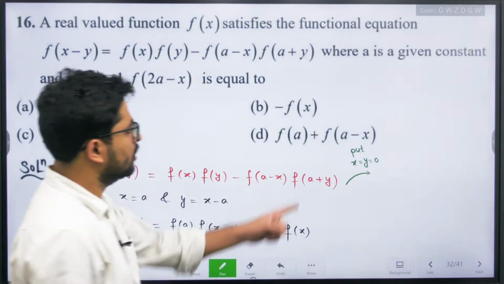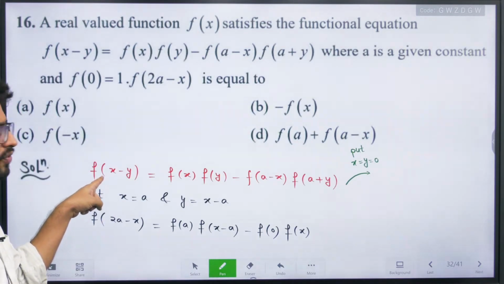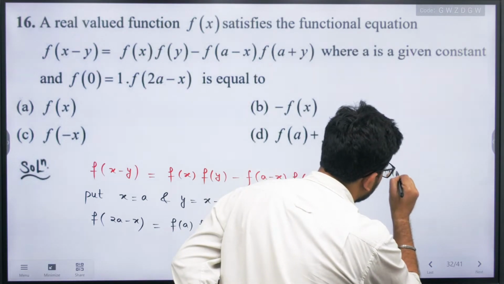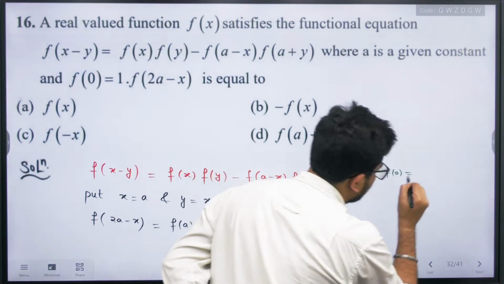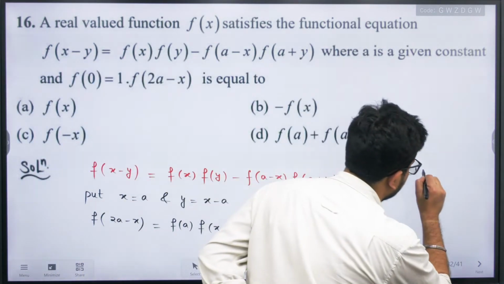In your functional rule, put x and y both as 0. So you'll get f of 0 minus 0, that is f(0), is equal to f(0) into f(0), that is f(0) square.